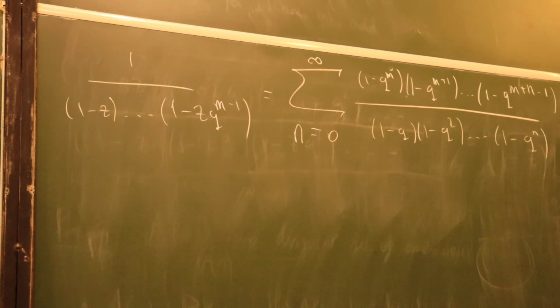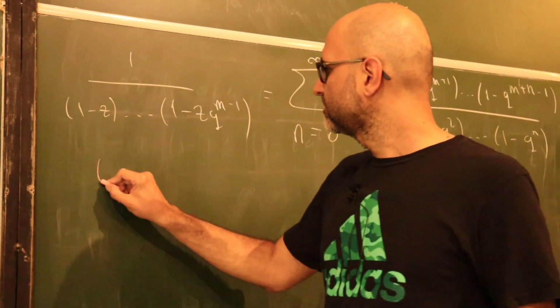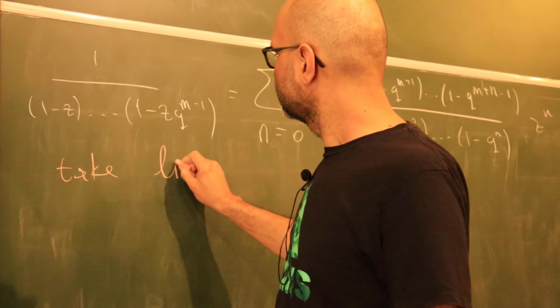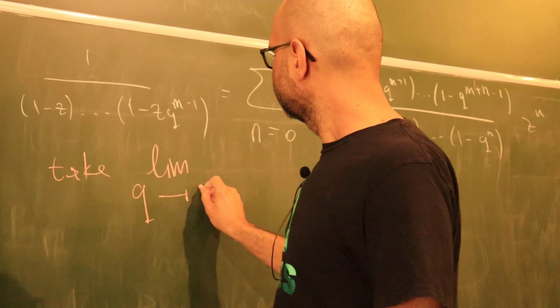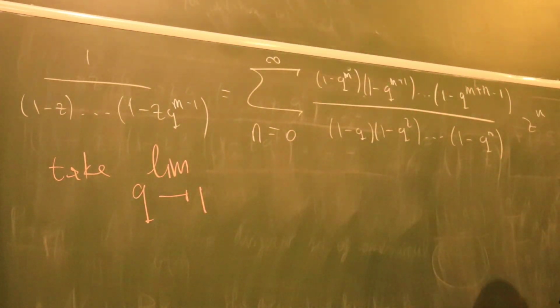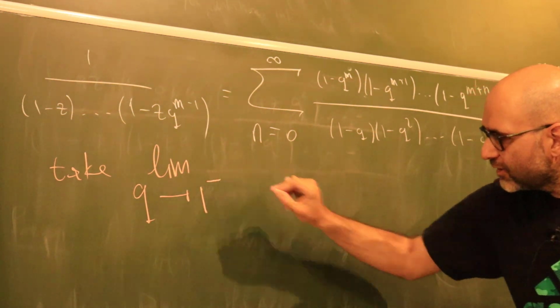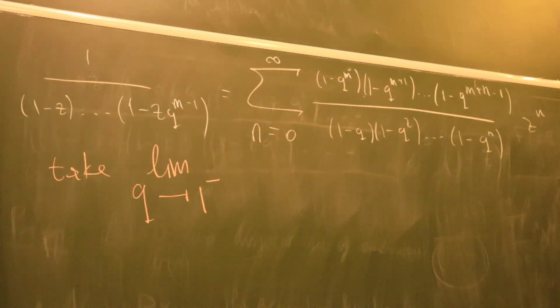Take the limit as q goes to 1. And if you are cautious, let q tend to 1 from the left.